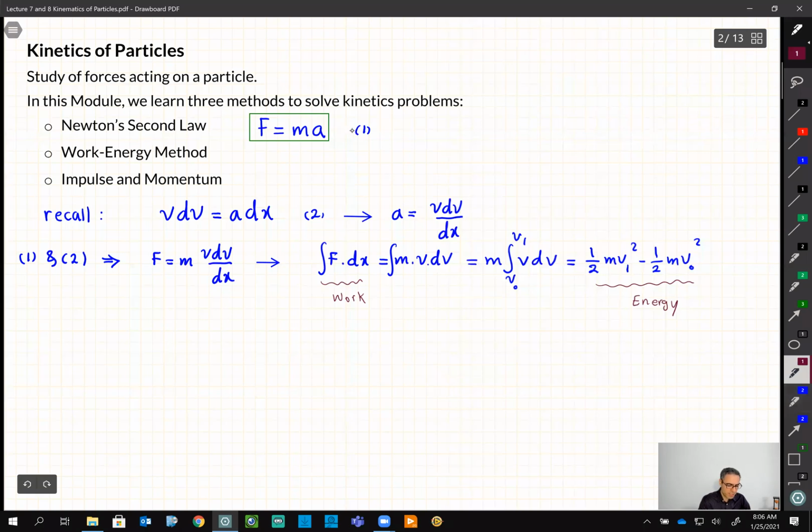And if we generalize it, what we get is work is equal to the change in energy.